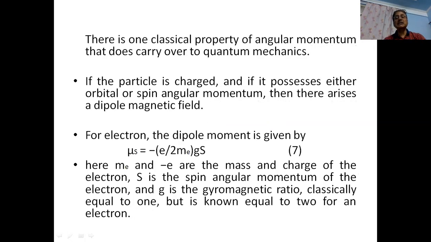Now, there is one classical property, however. We have seen that there is a complete change when we go from the classical to the quantum, but there is one classical property of angular momentum that does carry over to quantum mechanics.